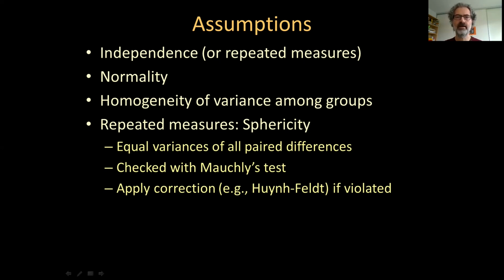So if you have a repeated measure with only two levels of the kind that you could analyze using a paired samples t-test, then you only have one difference. Two levels of a repeated measure are one difference. So there is no issue with sphericity if you only have one difference.